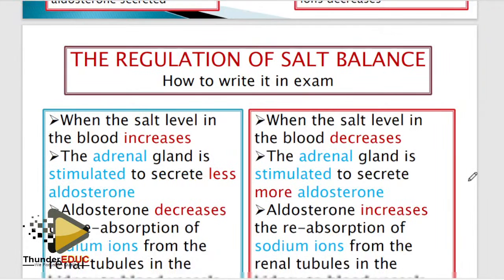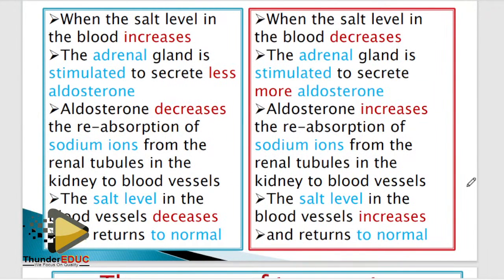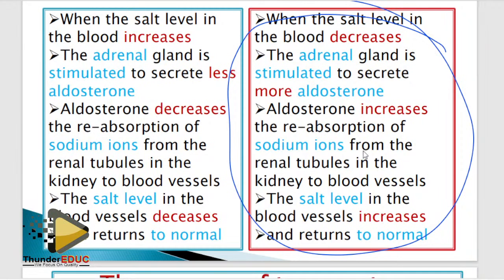So basically they want you to write it like this: when the salt level in the blood decreases, the adrenal gland is stimulated to secrete more aldosterone.